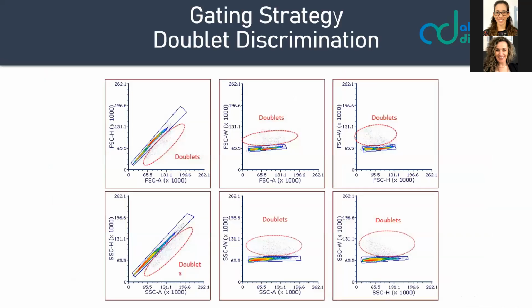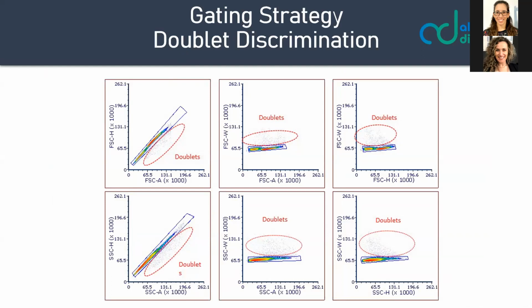So one moment before we look at gating strategy, I do want to talk about doublet discrimination. As said in the beginning of our talk, cells can be very close together and excited by the laser as a single event.